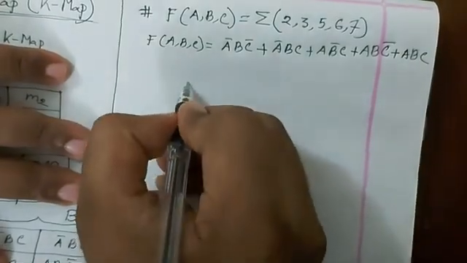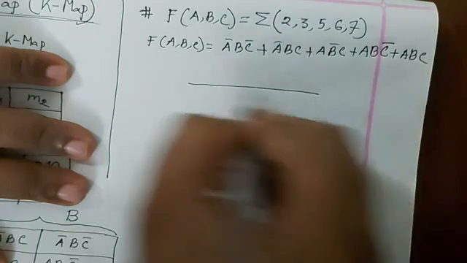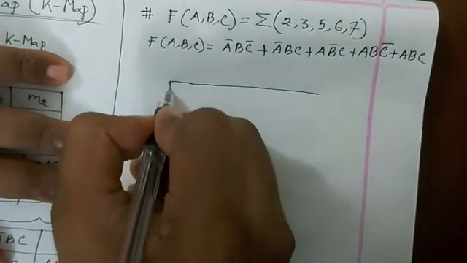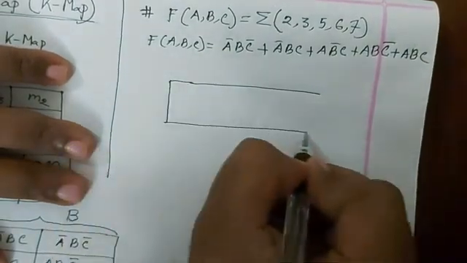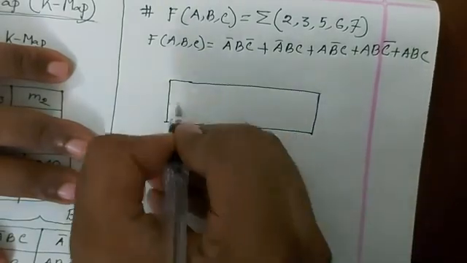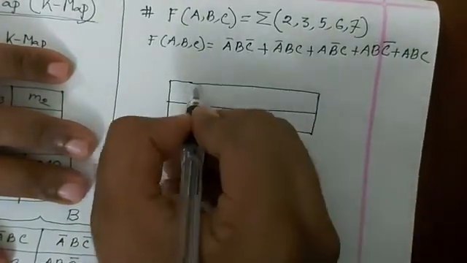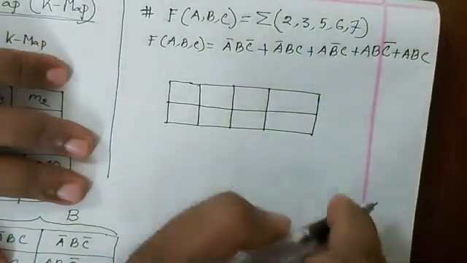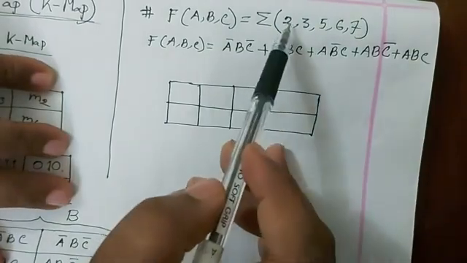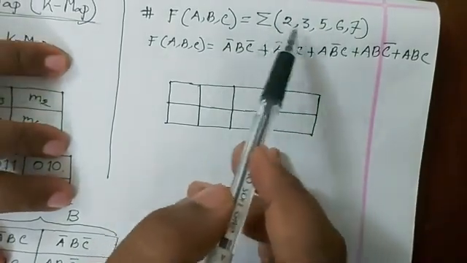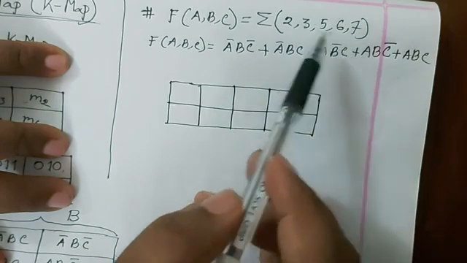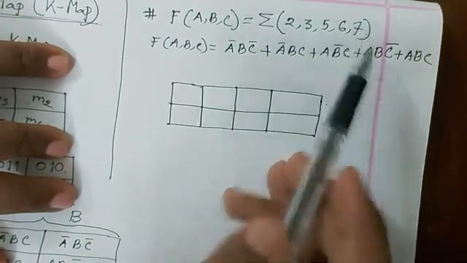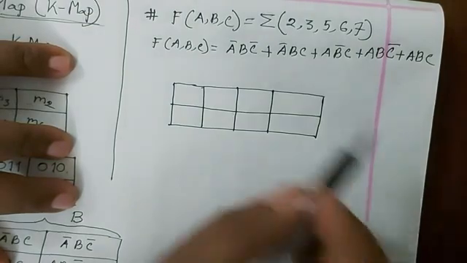It's a 3 variable K-map, so we have to draw it this way, and we have to put the min terms. For the min terms we have, we put a 1, and the other places are filled with 0. So where is min term number 2?